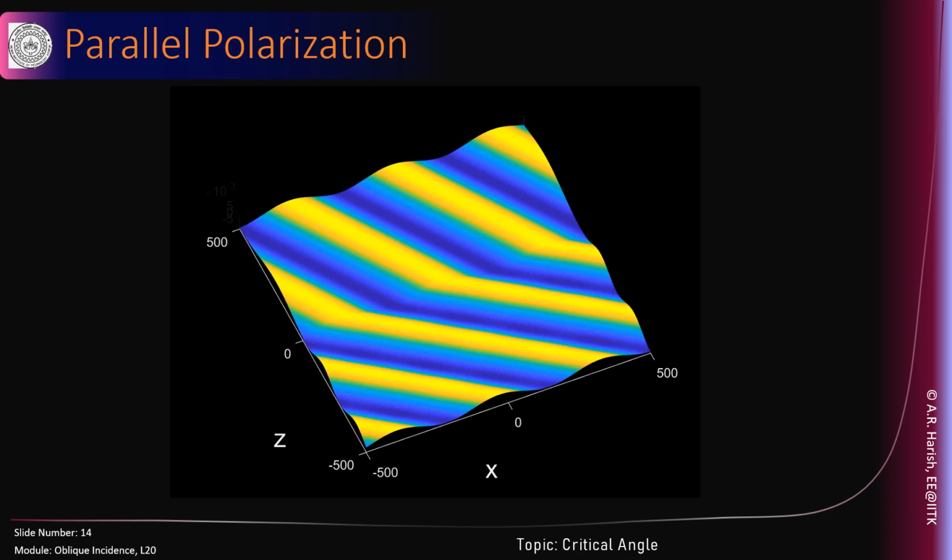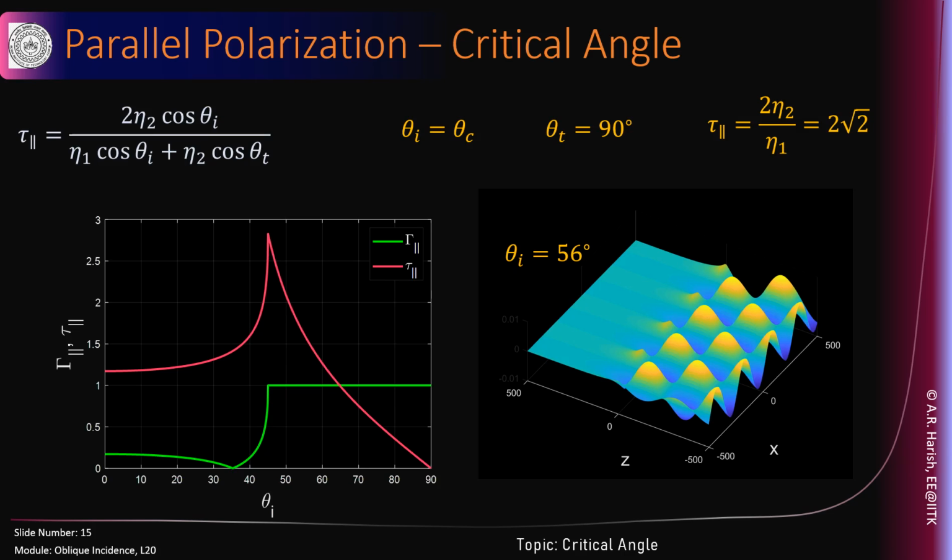Yes, you're right. This one is incident at Brewster angle. I have chosen the angle of incidence such that it is equal to Brewster angle, therefore I don't see any reflection.